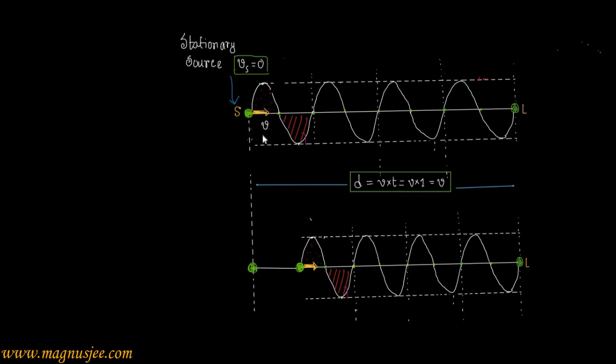V is the velocity with which the sound wave propagates in the medium towards the listener. Here V is the velocity of the sound wave. And nu is the true frequency, or actual frequency, of the sound wave emitted by the stationary source.